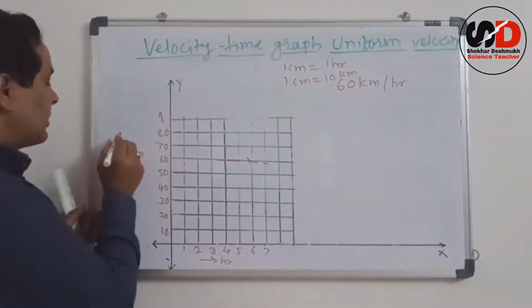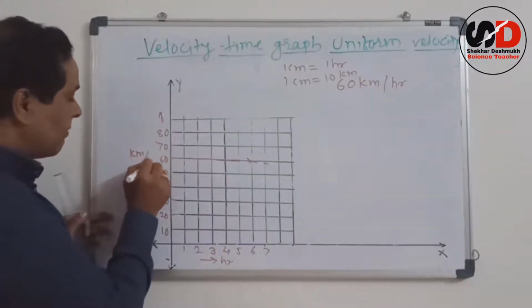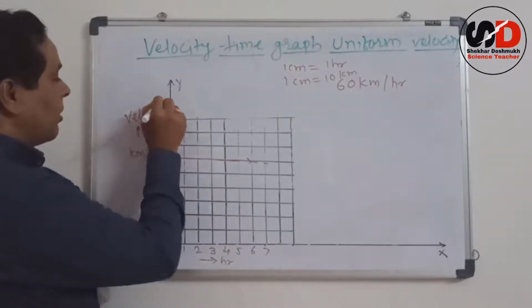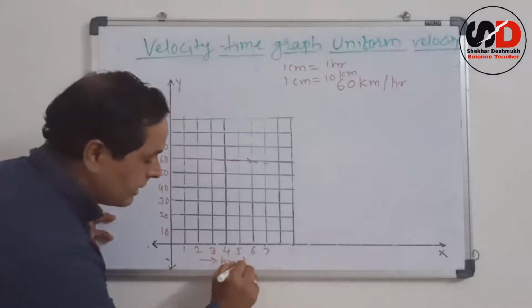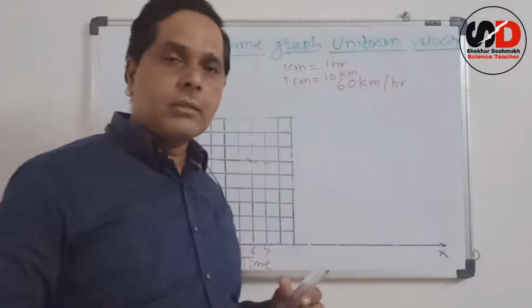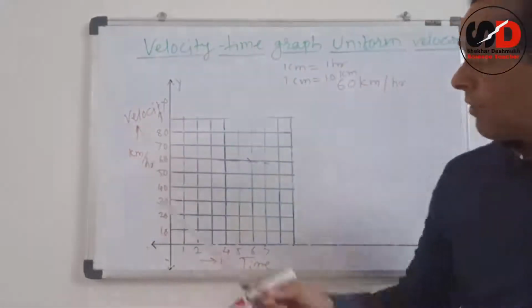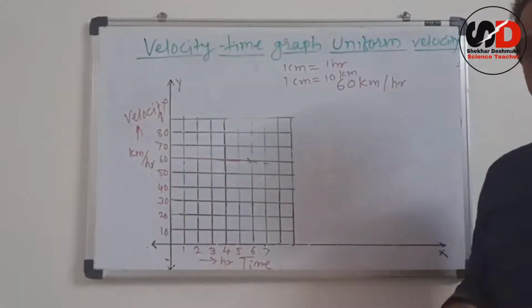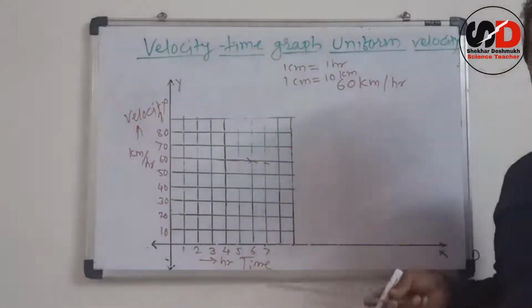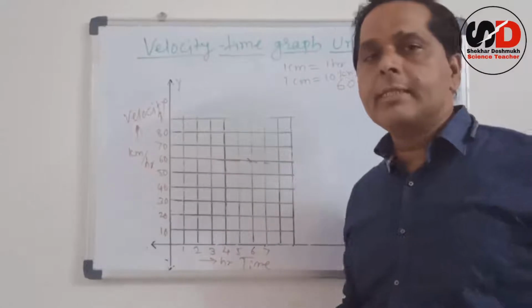So the velocity is given here in kilometer per hour. So we are taking velocity on y-axis and time on x-axis. Velocity time graph. So the graph is a straight line graph. It is given in the book. You can easily see it.